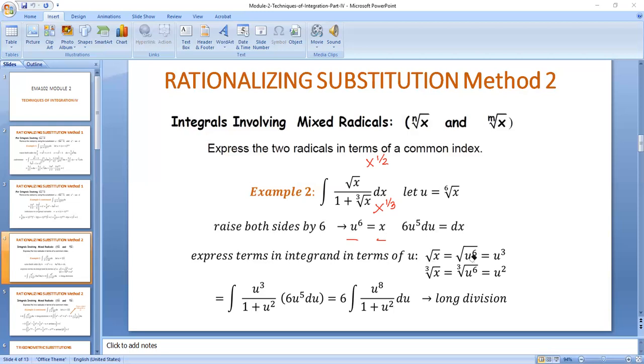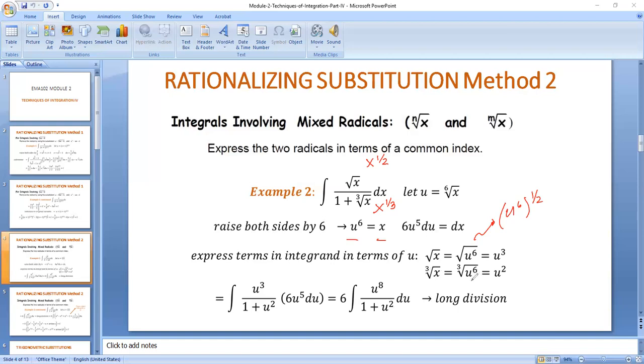So this is just like u raised to 6 raised to 1/2. So you will have it as u raised to 3. Okay, rules of exponents.